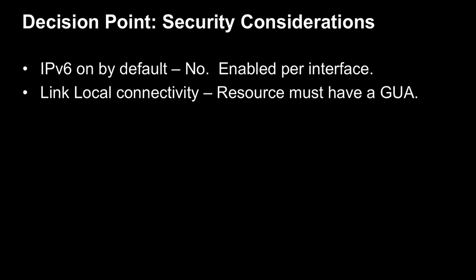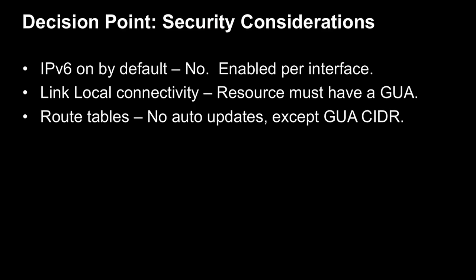So again, a tenet of not assuming intentions of the customer. While the link local address is obviously existent on your particular instance, we will not enable the passing of traffic between link local addresses unless a customer explicitly assigns an address to that interface from the globally unique address pool of that subnet. So link local addresses become available at the moment that the global address is assigned to the interface.